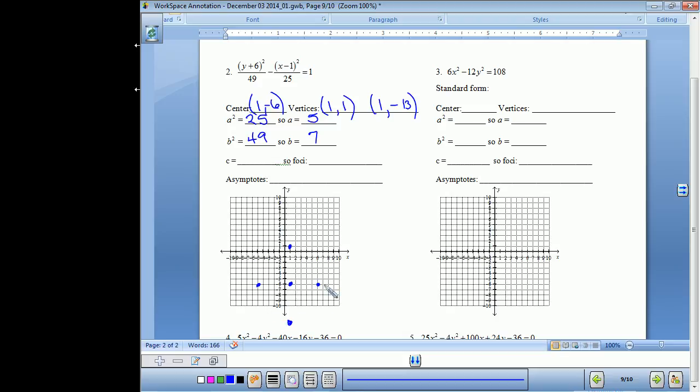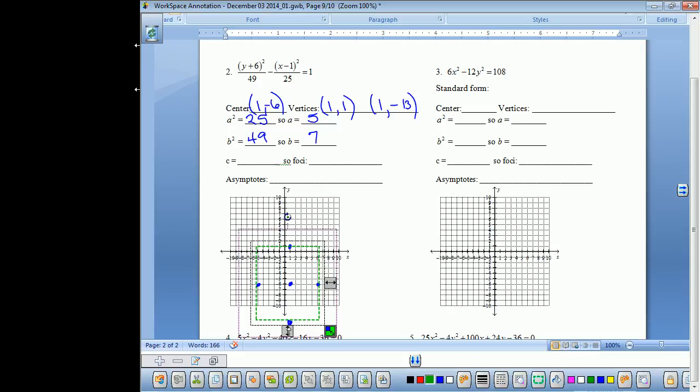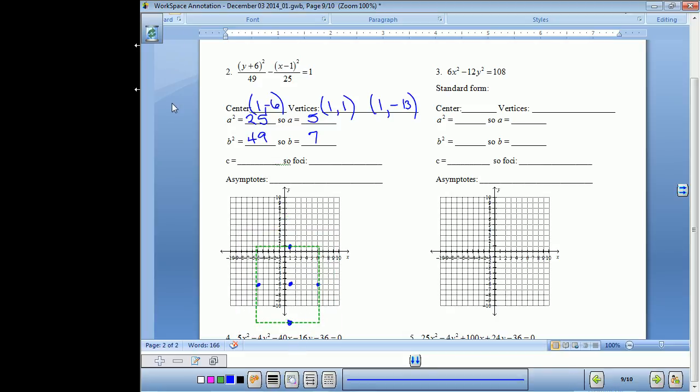And then, to the best of our ability, we create that box. And the box is only there to help us draw in the diagonals. And then we draw in those diagonals.